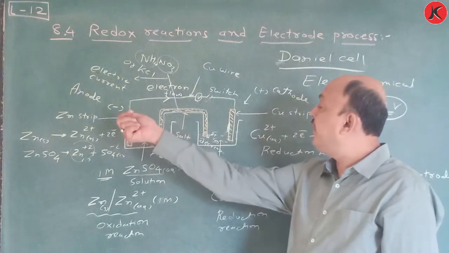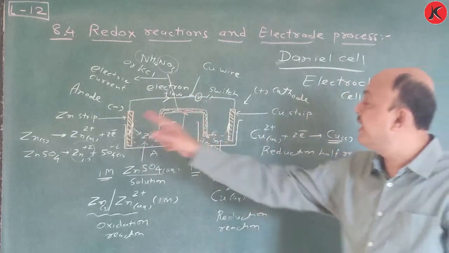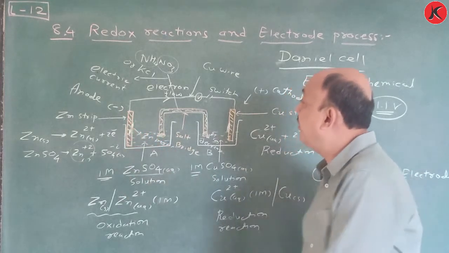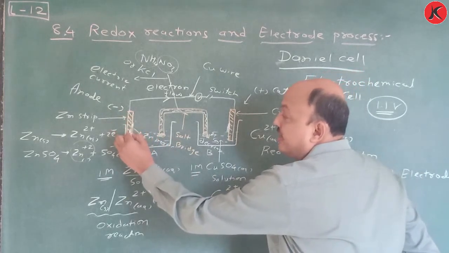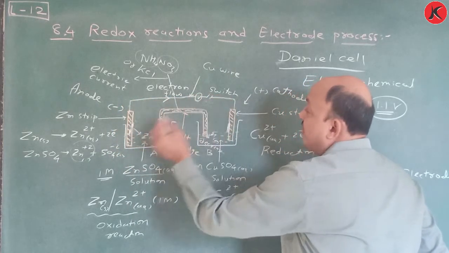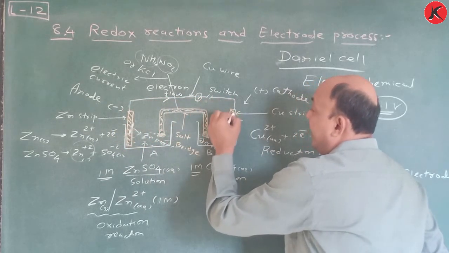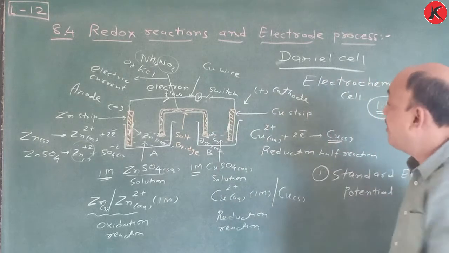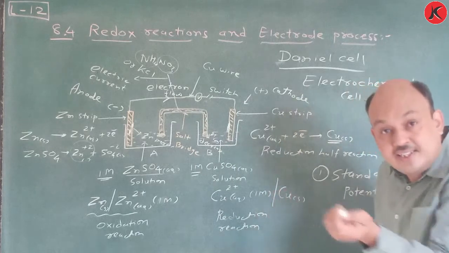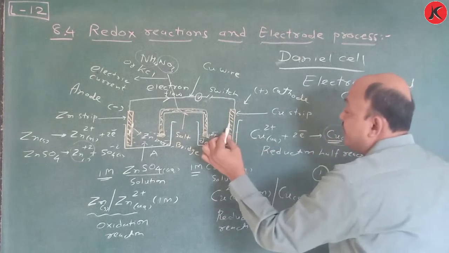Now if we continue with the switch on, what happens? The Zn strip loses electrons, and these electrons are transferred through the copper wire in the external connection and enter at the copper strip. So 2 electrons are on the surface, and Cu2+ gains these 2 electrons: Cu2+ aqueous plus 2 electrons gives copper solid.